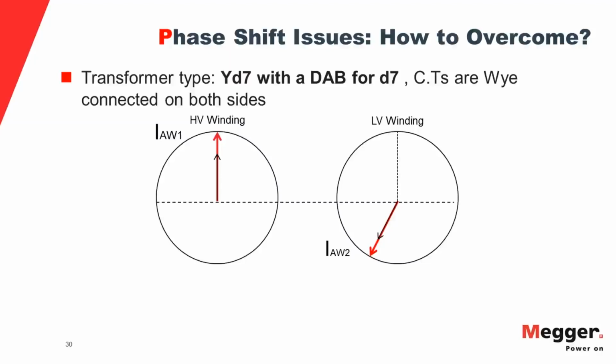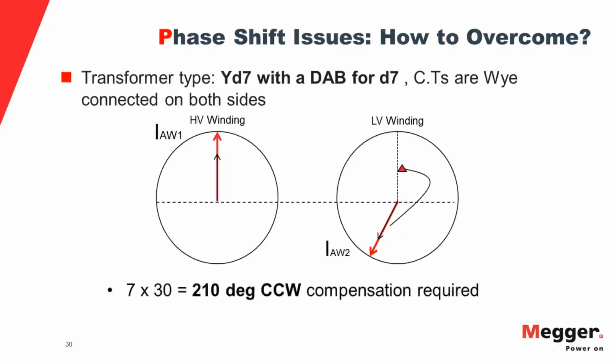Now, what do different microprocessor relay manufacturers do? Some manufacturers use compensation matrices, and they give each winding any number between 0 to 12, which basically corresponds to the number of 30-degree angle increments to be rotated. So they give winding 1 a specific number for CTs and winding 2 a specific number for CTs.